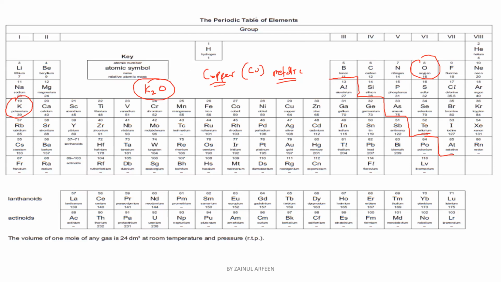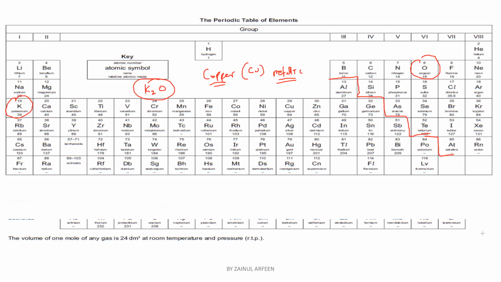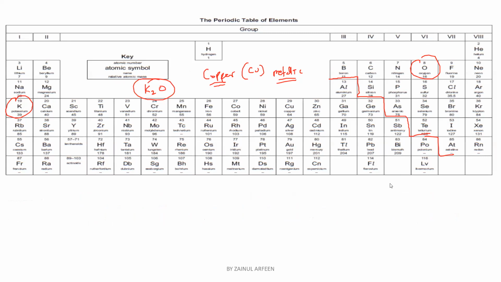It contains one metal and another non-metal, so it will be ionic, that's right. And what kind of bonding is there in sulfur dioxide, SO2?